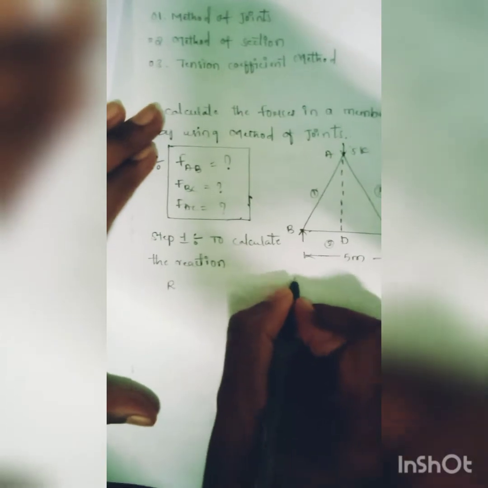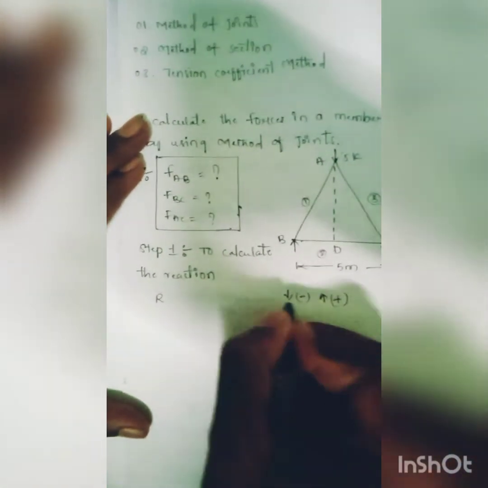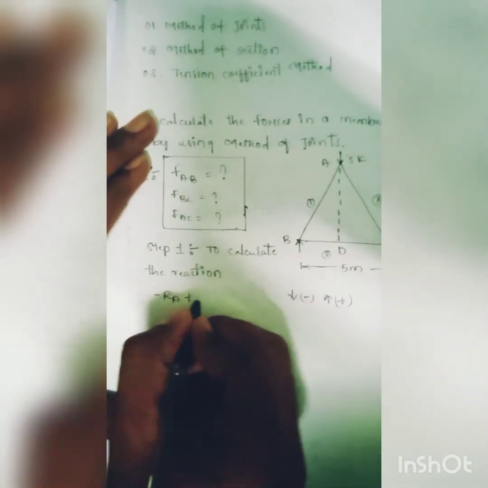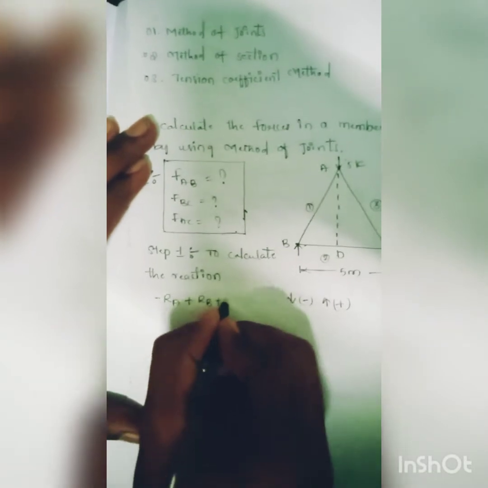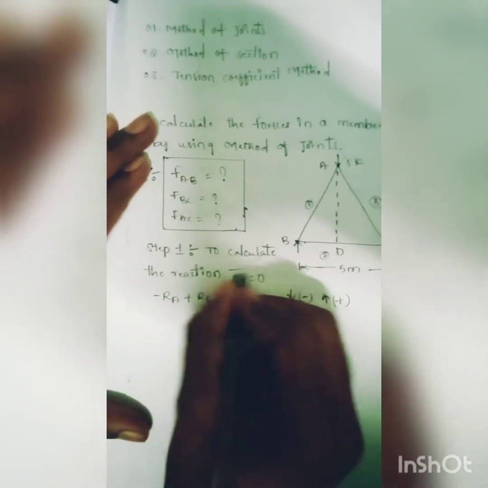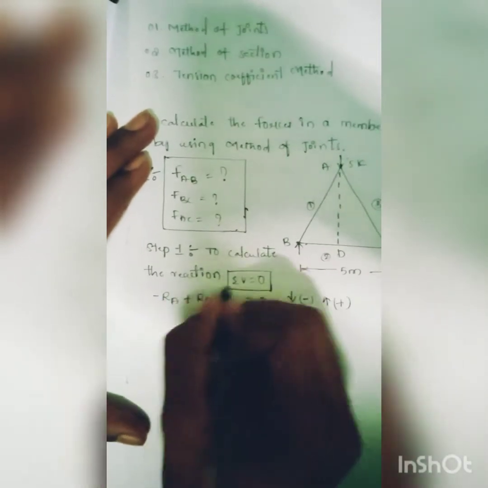Consider the downward forces as negative and upward forces as positive. Sum of vertical forces is equal to 0: minus RA plus RB plus RC equals 0. This is the condition for calculating the reactions.